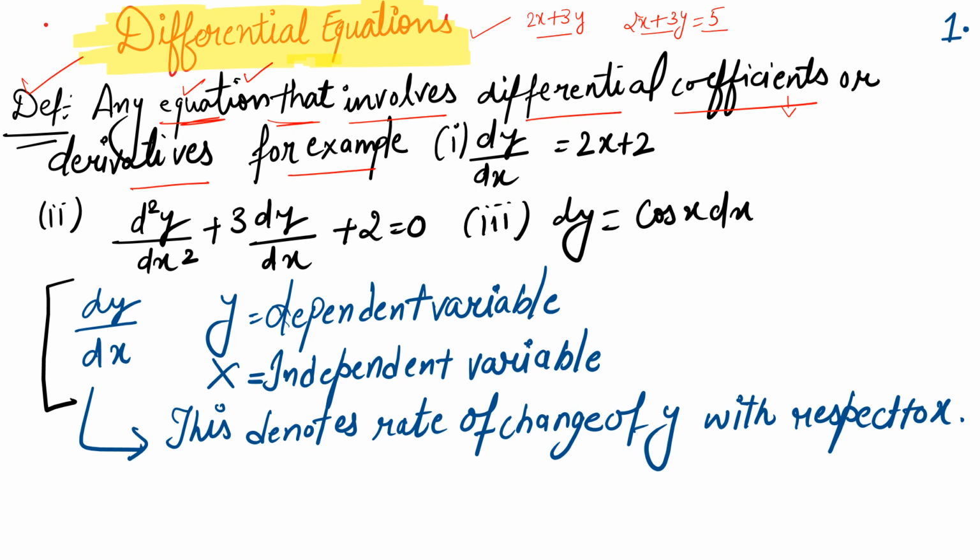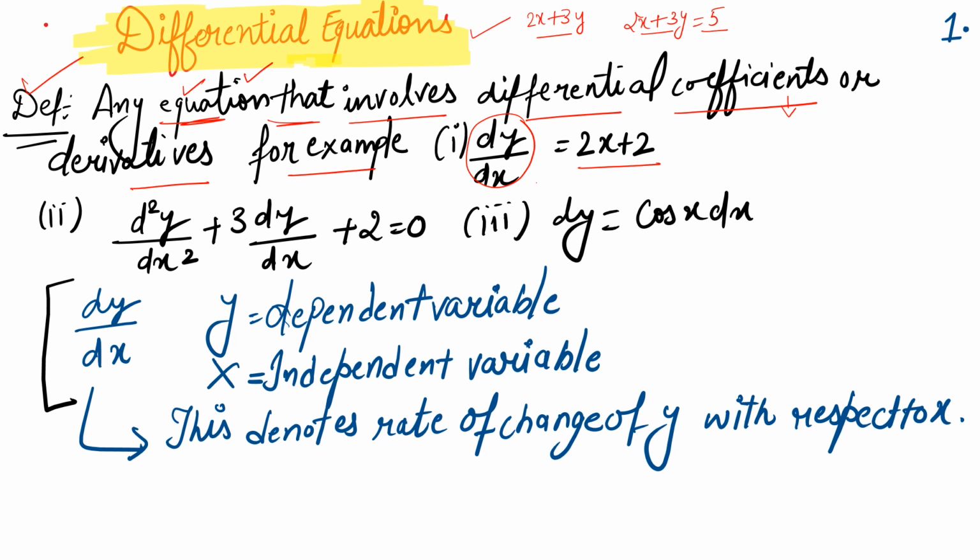So here dy upon dx is equal to 2x plus 2. This equation involves a derivative. 1 derivative, 2 derivatives, 3 derivatives, it doesn't matter. Any equation that involves a derivative is called a differential equation. It doesn't matter whether it involves any constant or any variable.